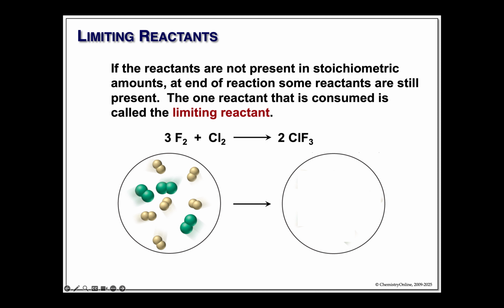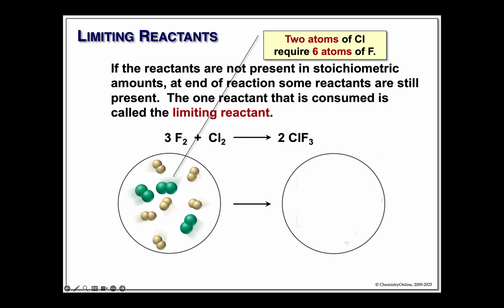Questions might be who's limiting, who's in excess. So, if we look at our equation here, 2 atoms of chlorine, that's a Cl2, requires 6 atoms of fluorine, that's 3 F2s. So let's look at our little cartoon.